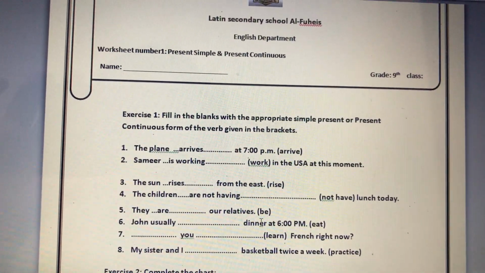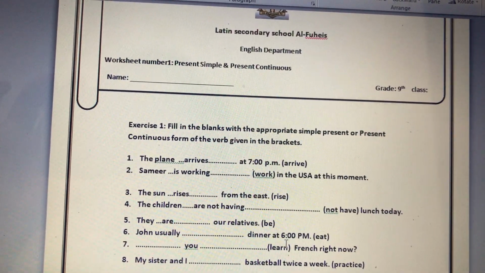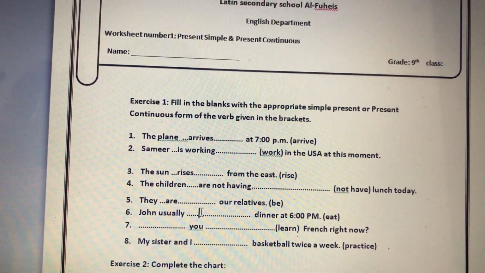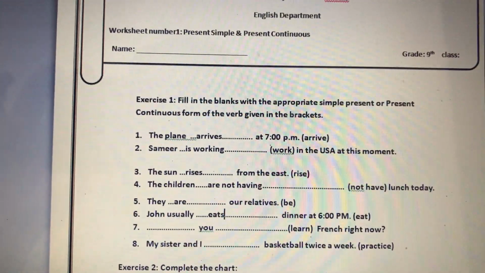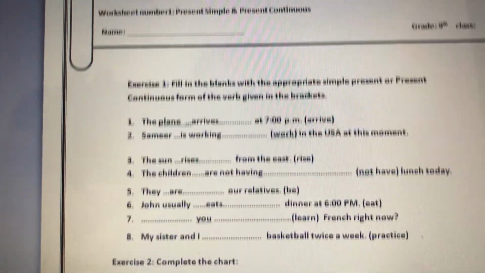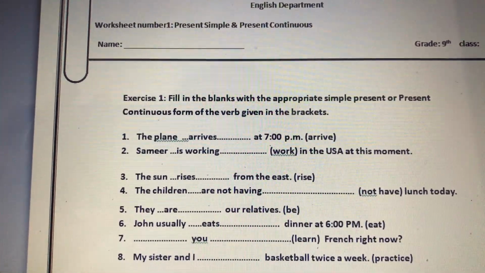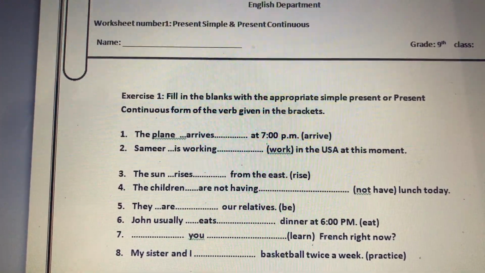So it is in the simple present tense, and we have the verb eat, so the answer will be John usually eats dinner at 6 p.m. It is a habitual action. It's a habit for John, or it's a daily routine.